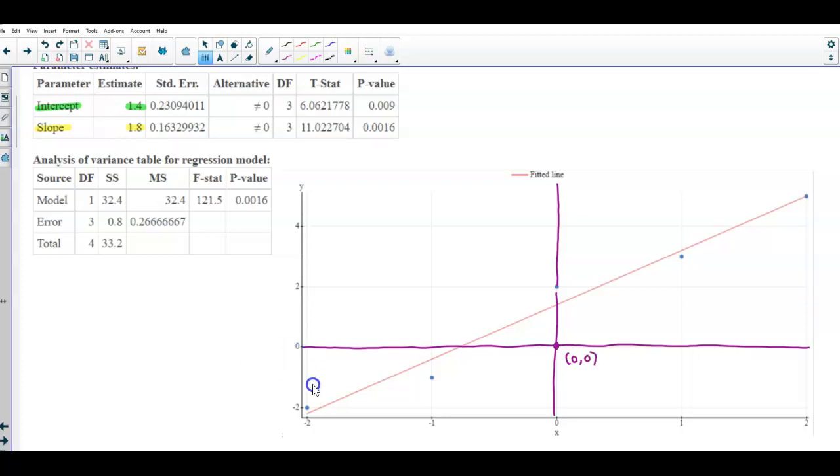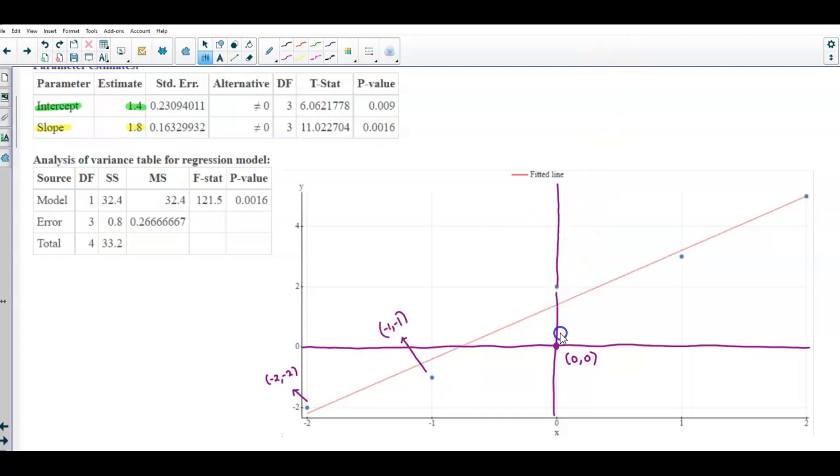Then if I look at this point down over here, that means if I go to the left -1, -2, and then down -2, this point represents -2, -2. Now again, I'm going to start here, go to the left -1 and then down -1. Therefore that point represents -1, -1.